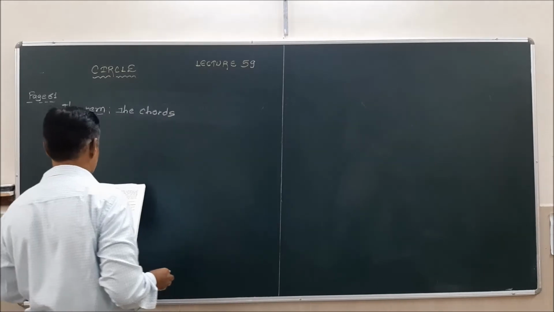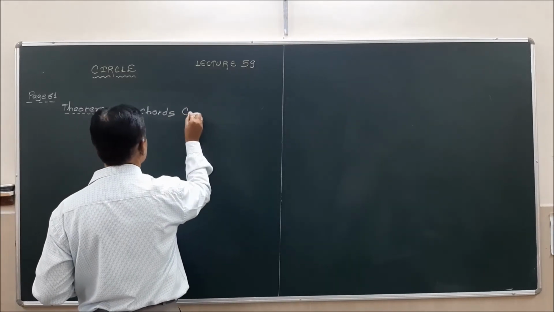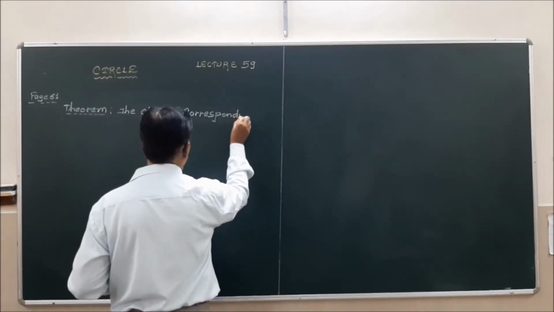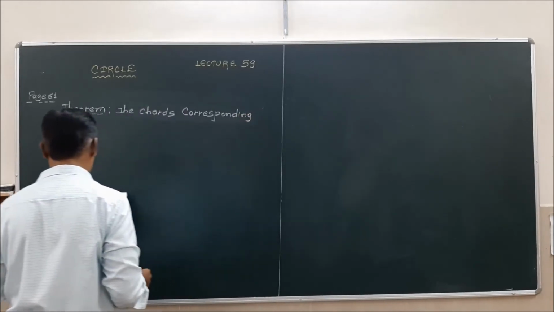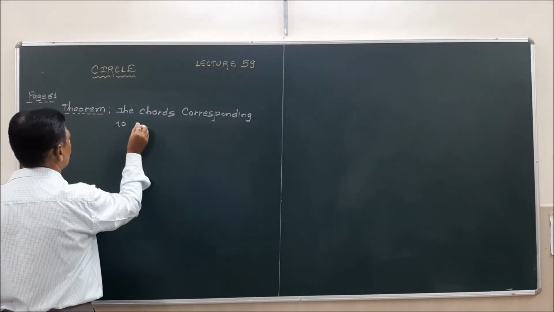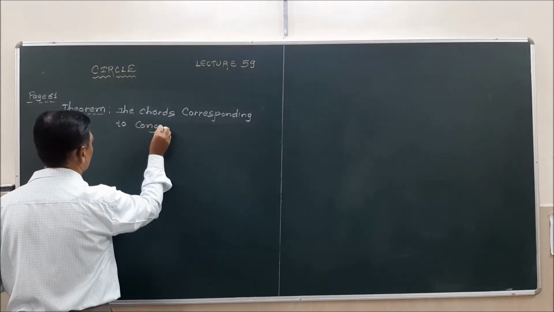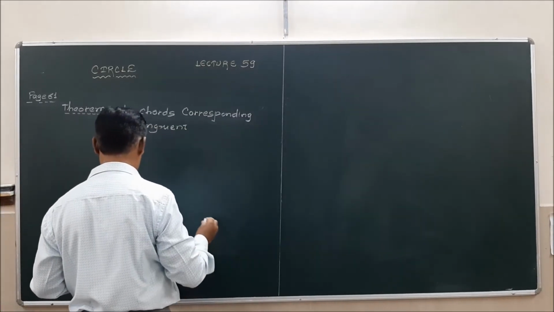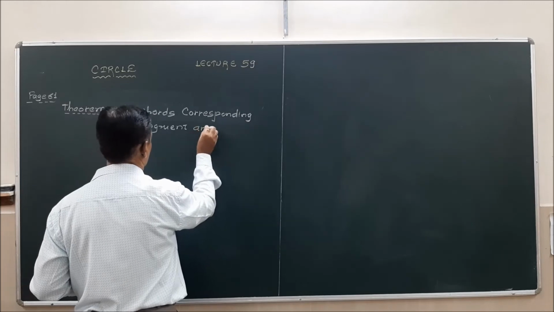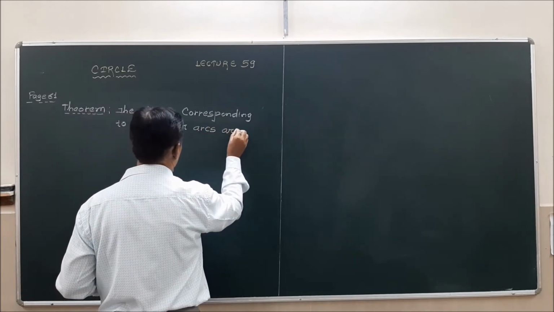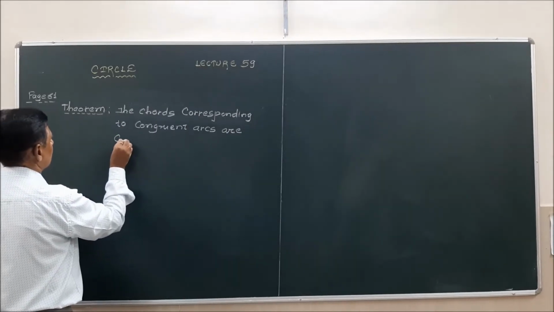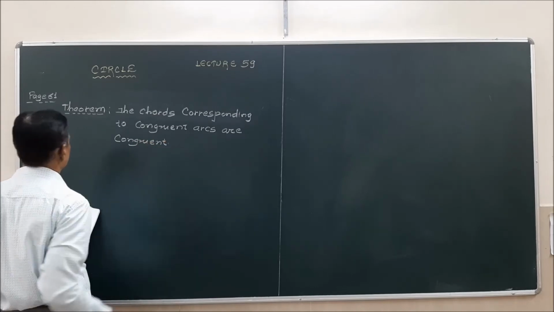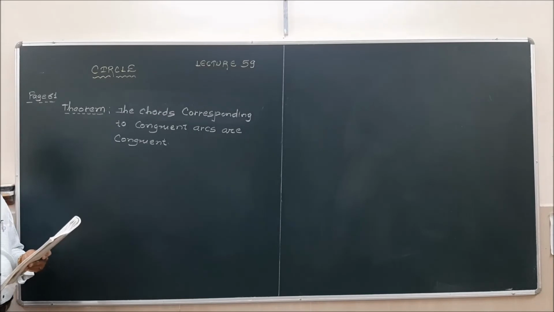The chords corresponding to congruent arcs of a circle are congruent. So we find here a figure is given.